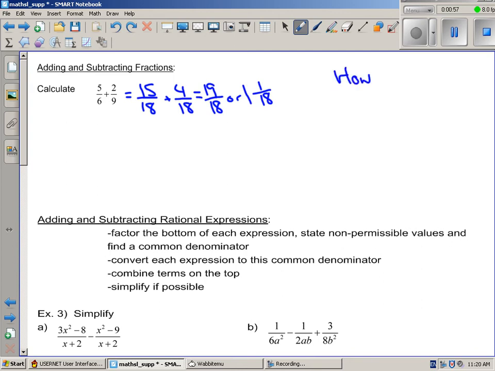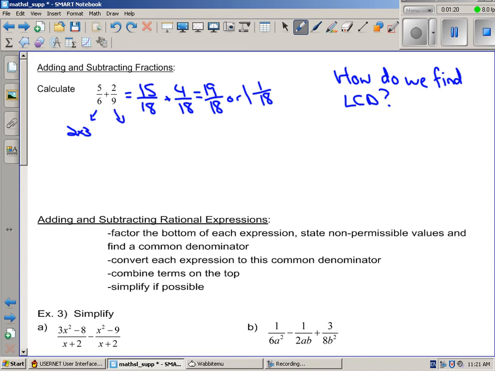It's been so long, though, that you've probably forgotten how we found lowest common denominators to begin with. Certainly how I was taught in elementary school was that you should factor the first denominator. 6 is 2 times 3.